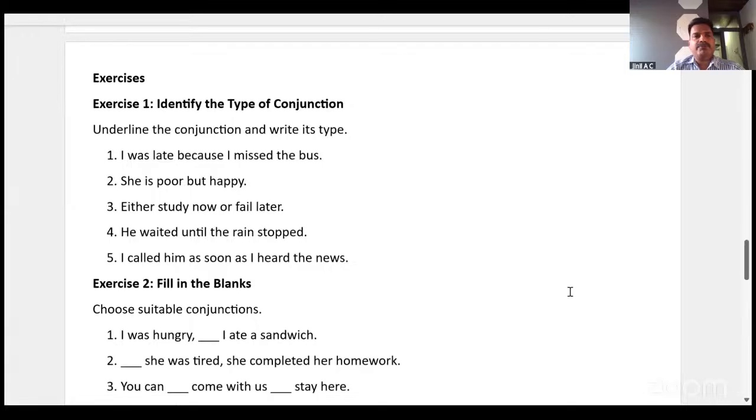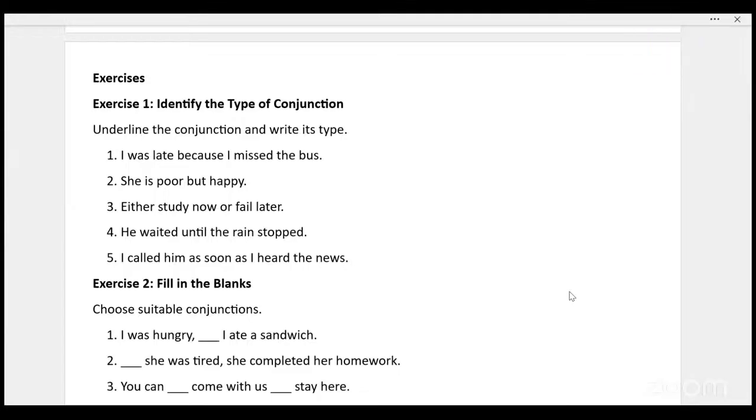Now one by one you have to tell me. Let me see who can do the first exercise. Identify the type of conjunction. I was late because I missed the bus. What is the conjunction there?